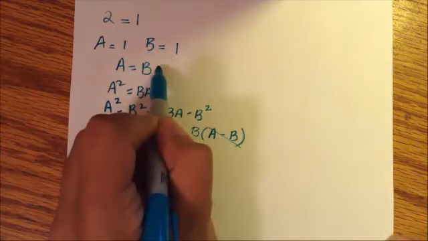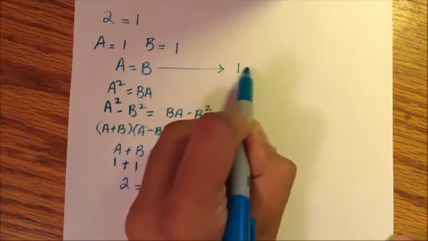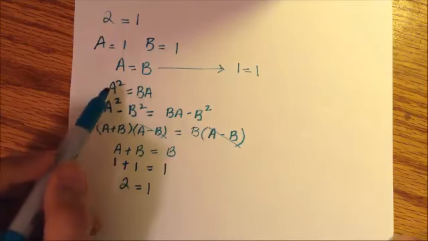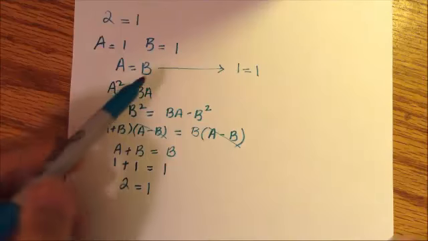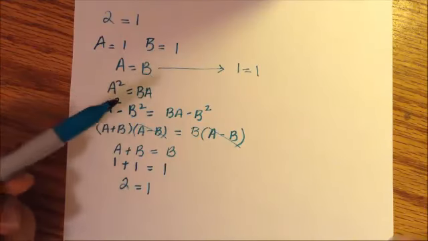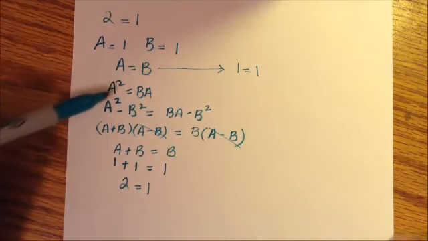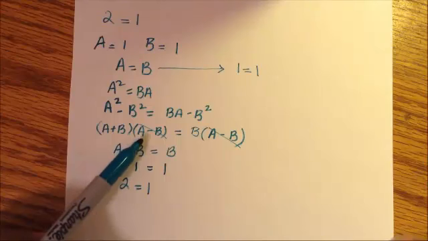So we have A equals B, so 1 is equal to 1, not a big deal. A squared, 1 squared is going to be 1, equals B times A, 1 times 1 is also going to be 1. Alright? So, as we move toward the bottom of the problem, we have A minus B.